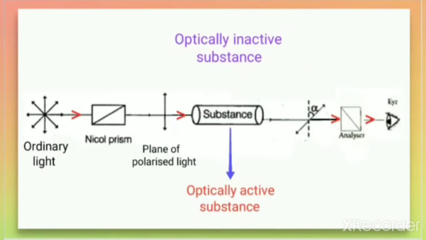And the substance which does not rotate the plane of polarized light is called optically inactive substance.